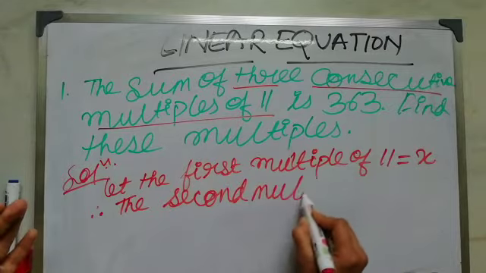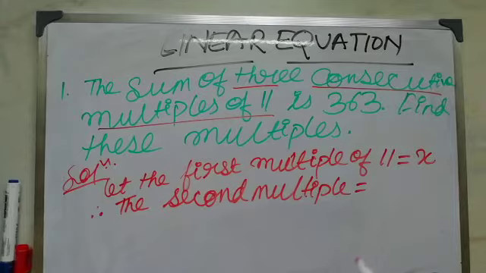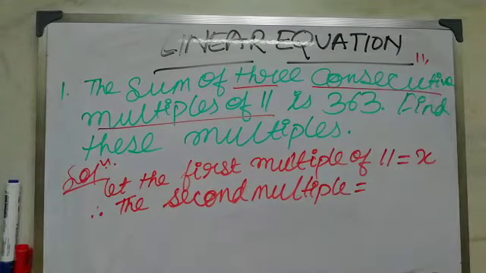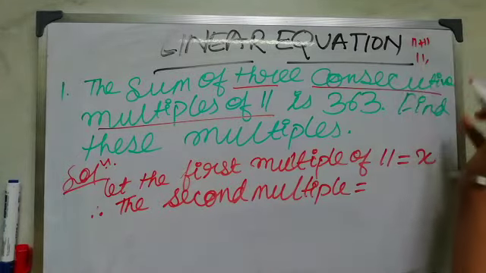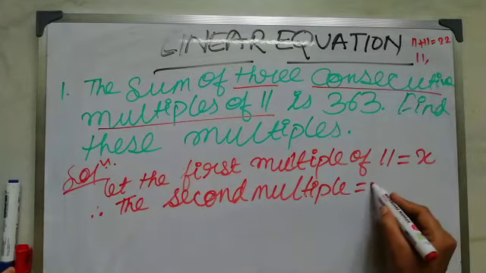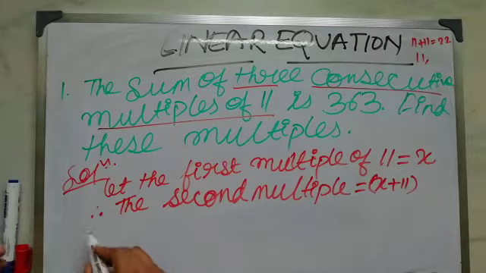What do you think? If my first multiple is 11, then what will be my second multiple? The second multiple will obviously be 11 plus 11, which is 22, right? So here it is x, then I can say it is x plus 11, right?